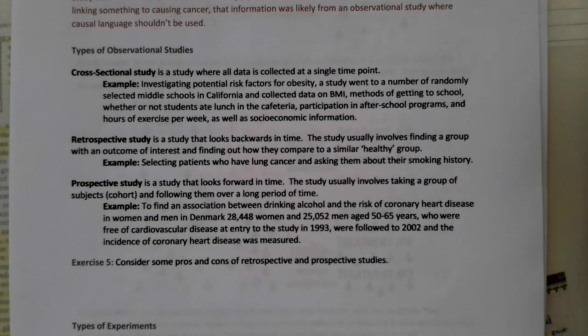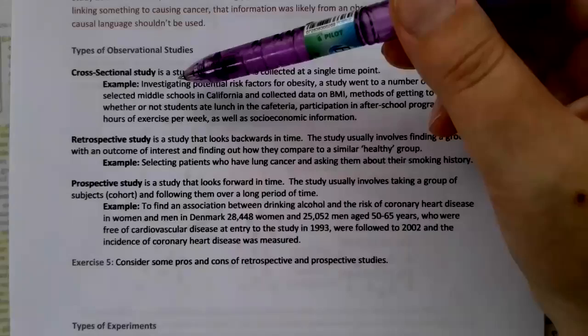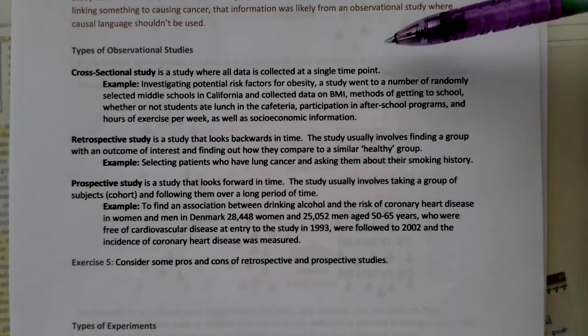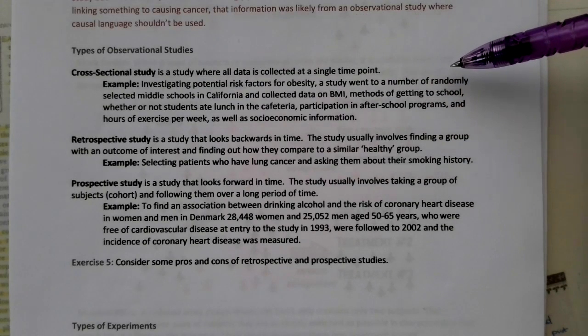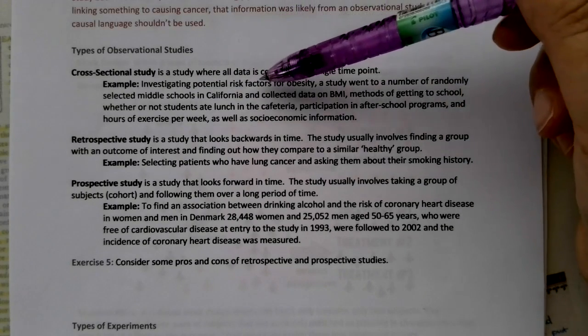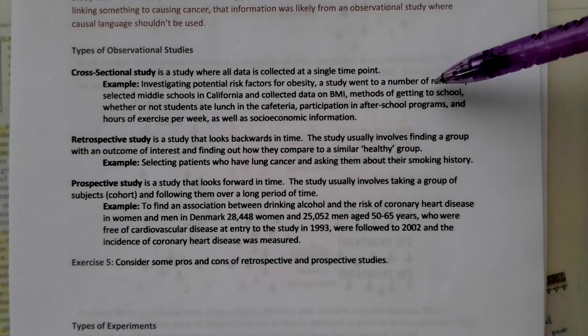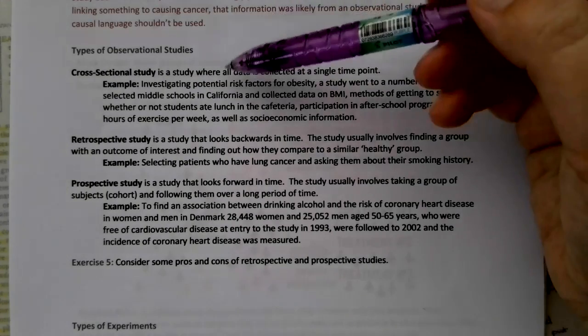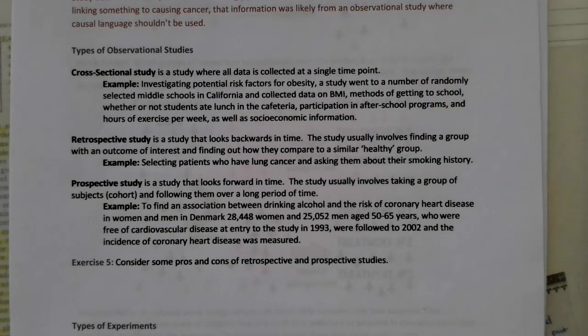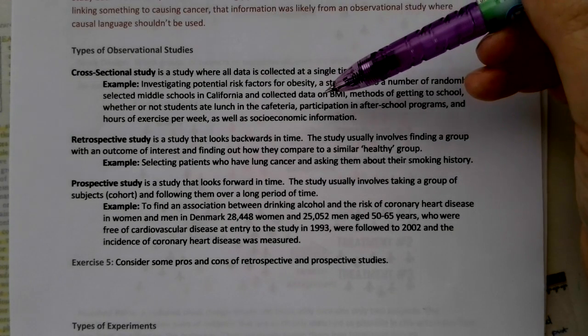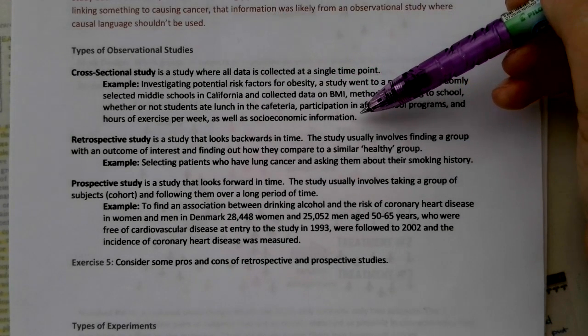So, for example, we're investigating potential risk factors for obesity, and a study went to a number of randomly selected middle schools in California and collected data on BMI, methods of getting to school, whether or not students ate lunch in the cafeteria, participation in after-school programs, and hours of exercise per week, as well as socioeconomic information.